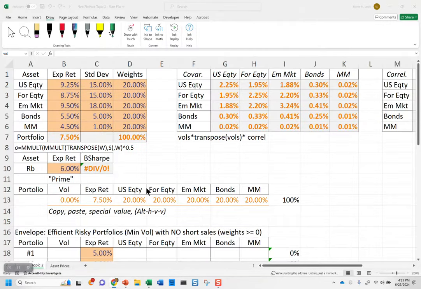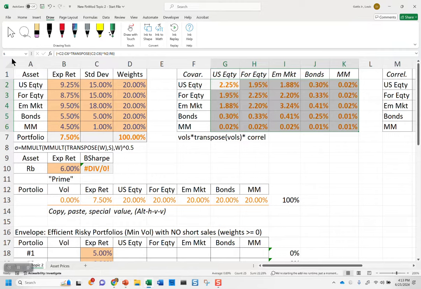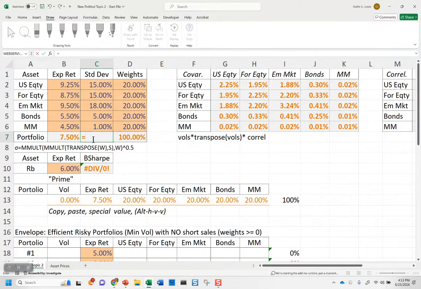So to the spreadsheet. Notice I have a range name here. This is S for the covariance matrix. This is W. So here we're going to type in the portfolio standard deviation formula. Equals MMULT, bracket, MMULT, transpose, W, S, W, to the 1/2 power.